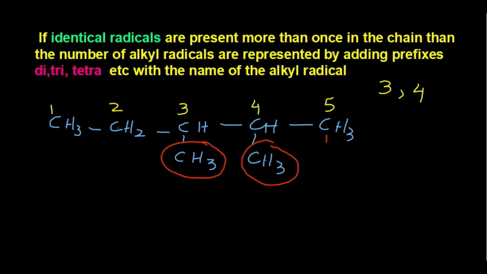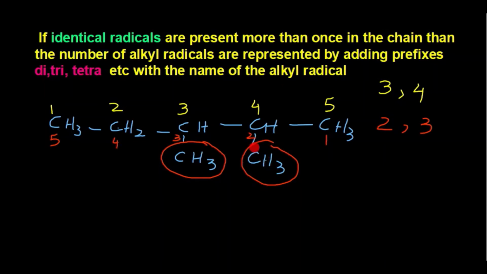Now if we do the numbering from right hand side, 1, 2, 3, 4, 5. If we do the numbering from right hand side, the first methyl radical is attached with carbon number 2 and the second methyl radical is attached with carbon number 3. What is the position of first methyl radical?